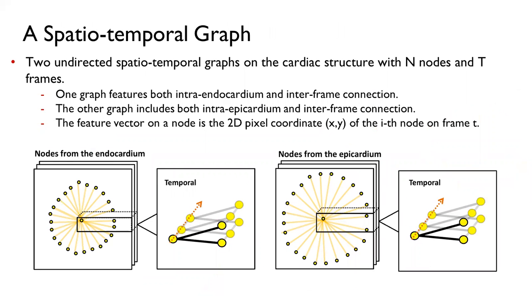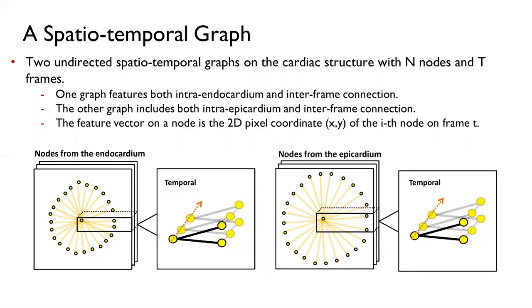We construct 2 undirected spatial-temporal graphs on the cardiac structure. One graph features both intra-endocardial and inter-frame connections. The other graph includes both intra-epicardial and inter-frame connections.